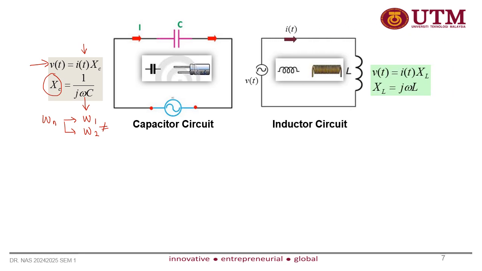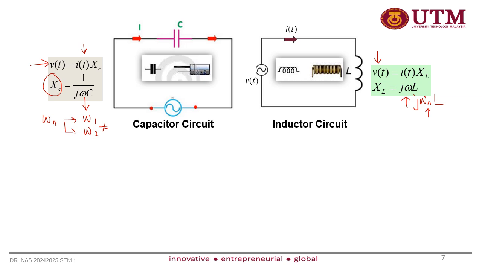If you have an inductor inside a circuit, V is equal to I, the current, multiplied by the inductor impedance. So in this case, XL is equal to j omega n L, where L is the inductance and omega n is the frequency at the respective harmonic number.